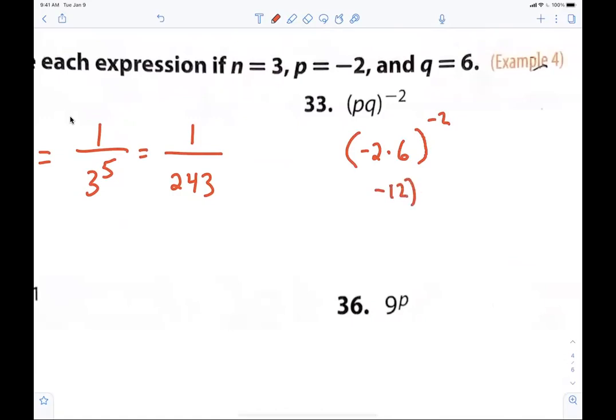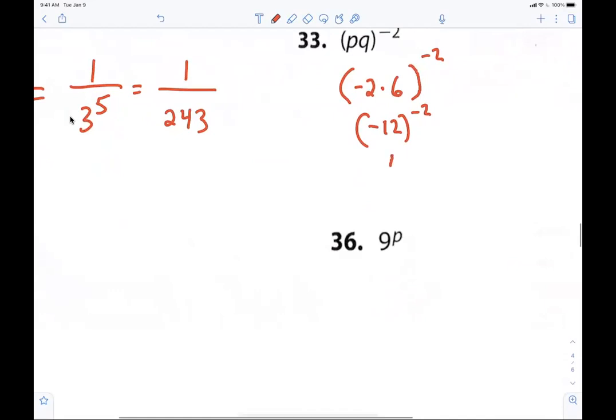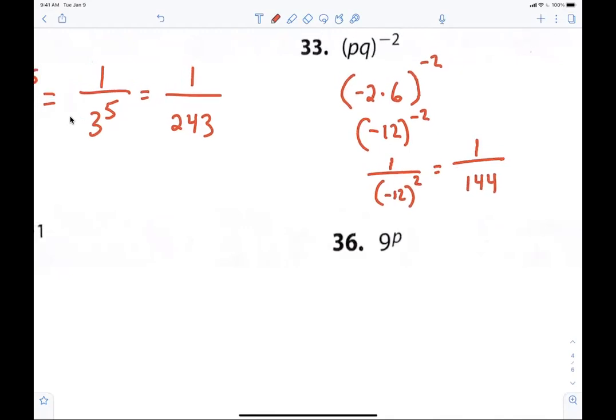Negative 12 to the negative 2, which would be 1 over, in parentheses, negative 12 to the 2, and that would in turn be 1 over 144. Yes, 1 over 144. All right.